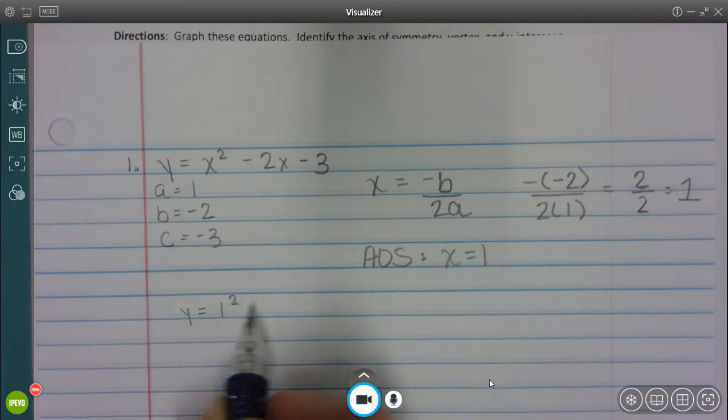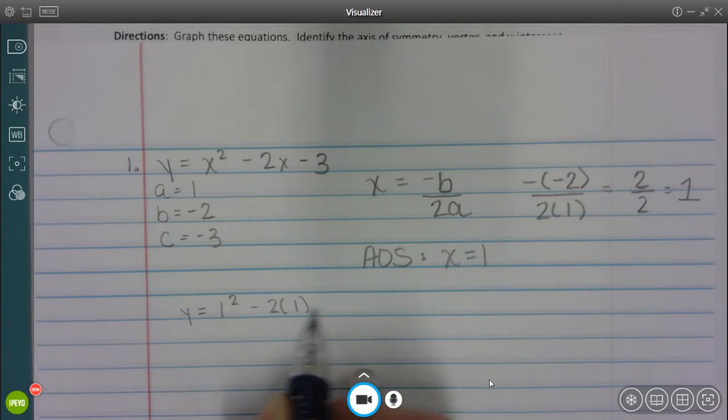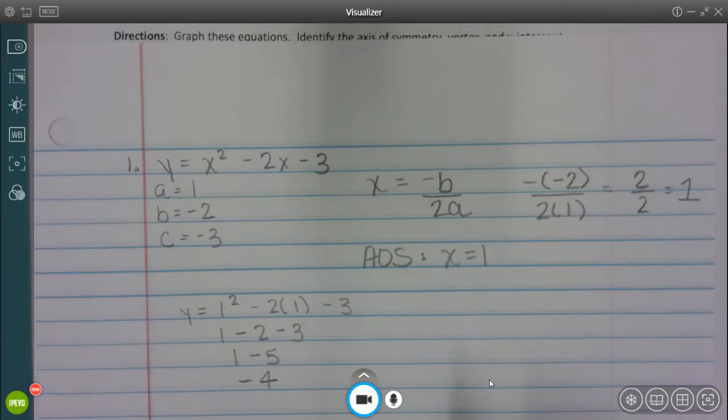So I'm going to have 1 squared minus 2 times 1 minus 3. So this will be 1 minus 2 minus 3, which is really like saying 1 minus 5, which is going to give me -4. So my vertex coordinate is 1, -4.